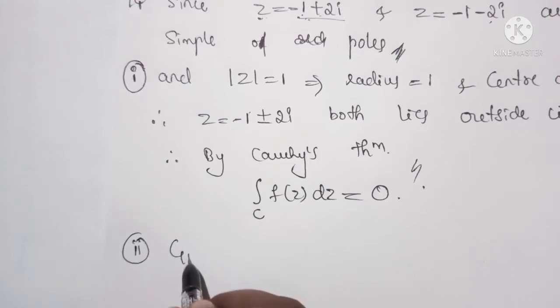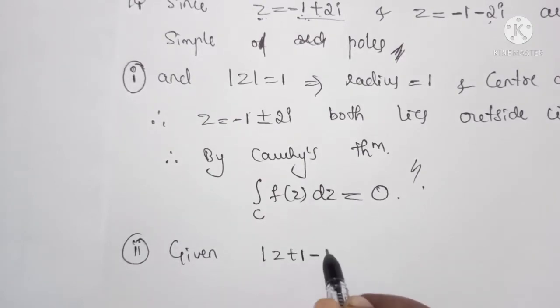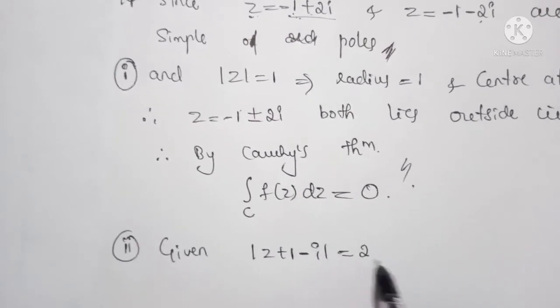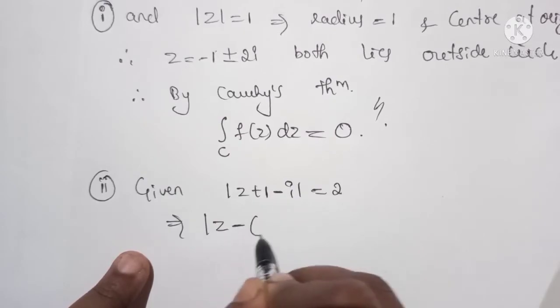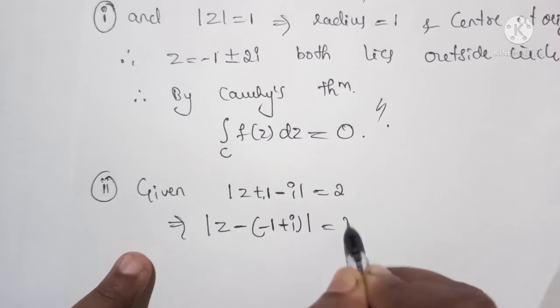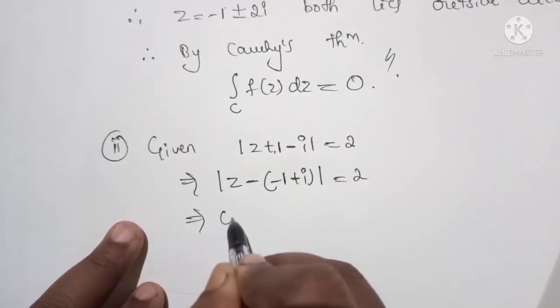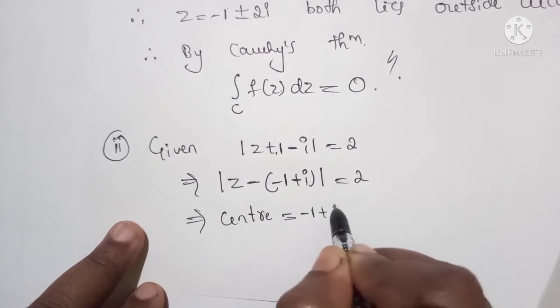Here it is given that mod of z plus 1 minus i equals 2, so this can be written as mod of z minus of minus 1 plus i equals 2. It implies that the center is minus 1 plus i.